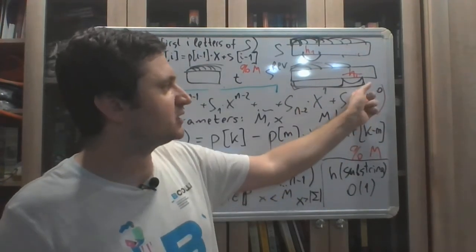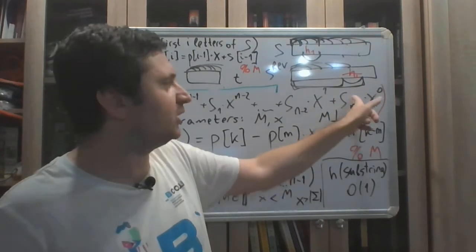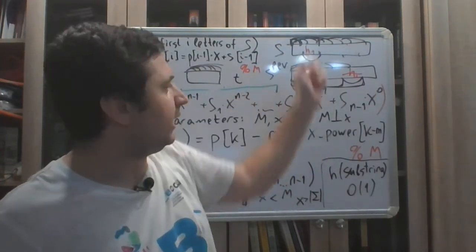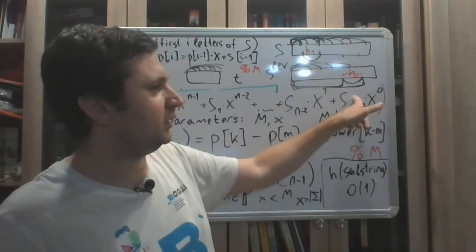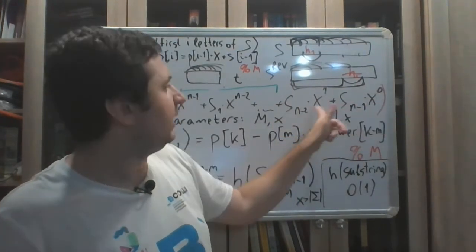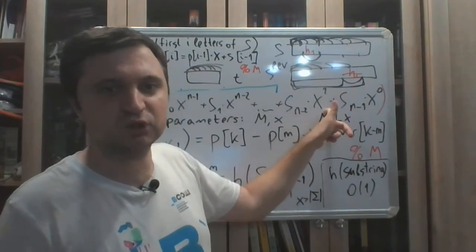So if I increase this letter by 2, and I decrease this letter by 1, then this term is increased by 2 times 1, and this term is decreased by 1 times 2.